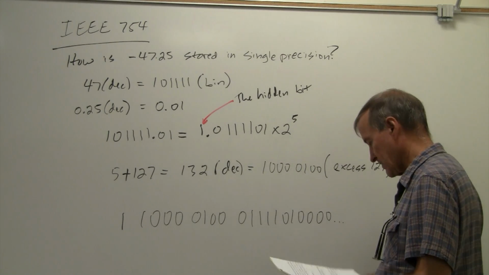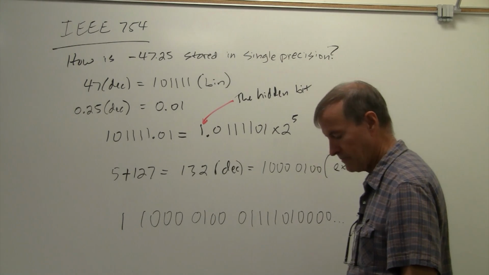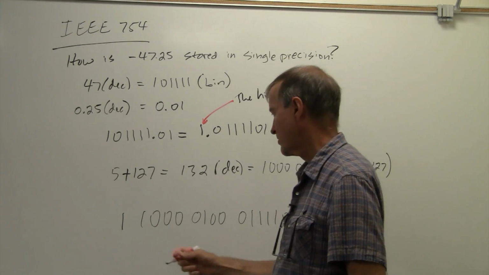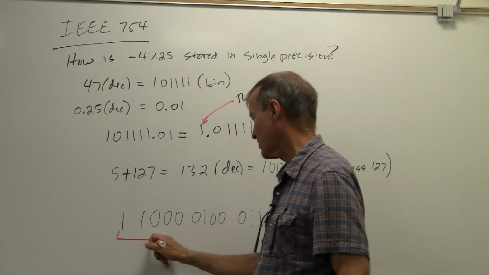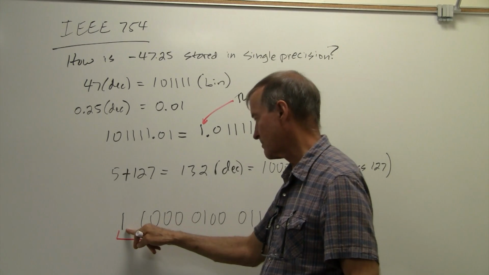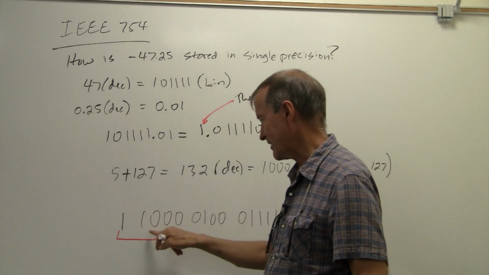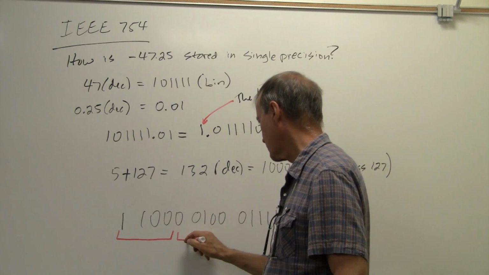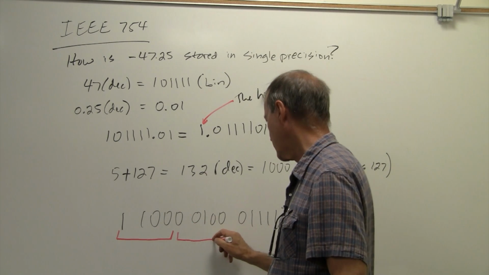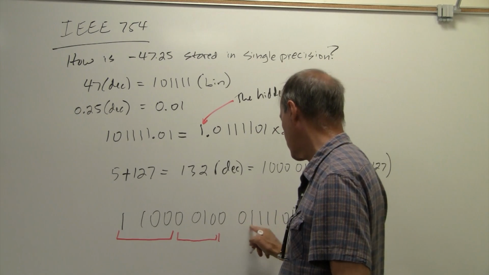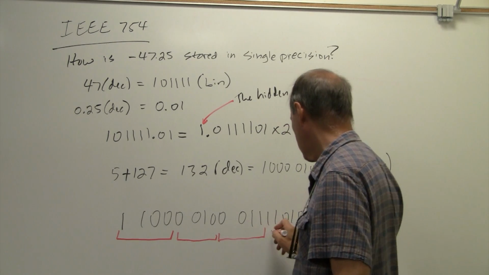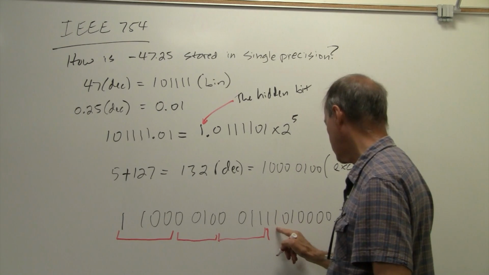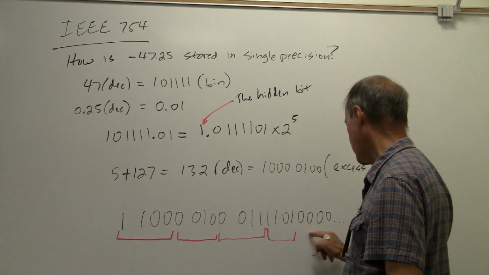And if you were to write this in hexadecimal, you would take these 4, even though this is the sign bit, and then these 4, and then these 4, and then these 4, and then a bunch of zeros.